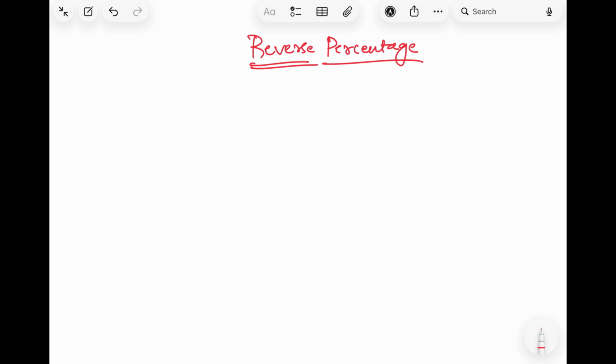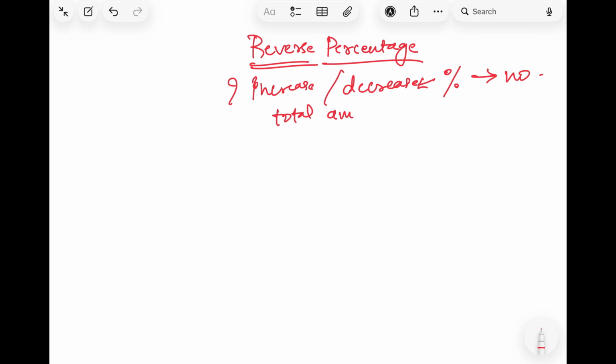They will only give us what percentage is the increase or decrease, and how much that increase or decrease is. But the total amount will not be given. That will be a question mark. We will find that out.